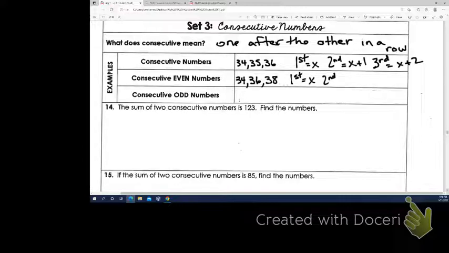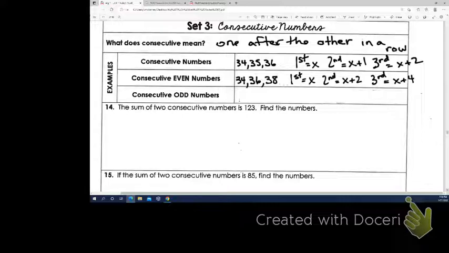The second number is 2 more than the first, not just 1 more. And then that third number is 2 more than the second. So 2 more than plus 2, really in relation to the first one is x plus 4. So think about those 3 numbers, 34, 36, 38. If you looked at 38, it is 4 more than 34.